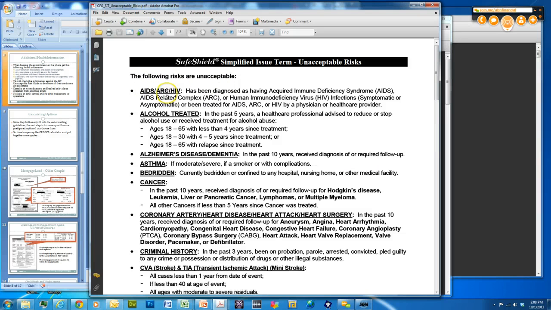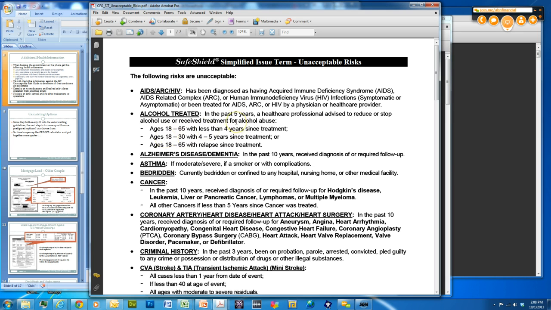So AIDS-related complex, HIV, alcohol treated. This is in the past 5 years, been advised or reduced to stop alcohol, and it shows the parameters, age 18 to 65, less than 4 years since treatment. If they're more than 4 years, then they can get into the product.